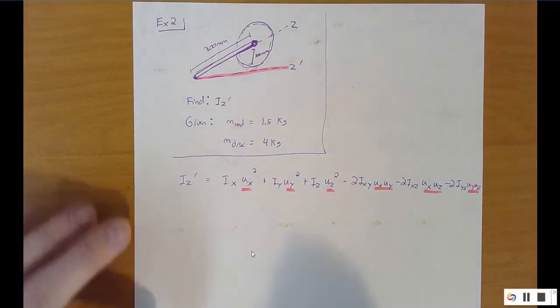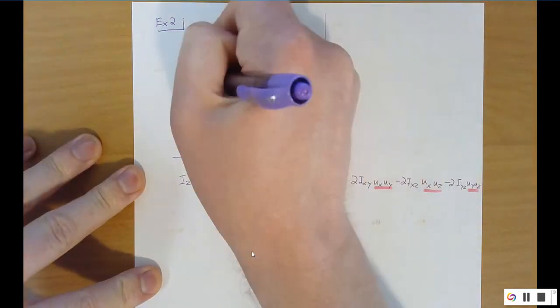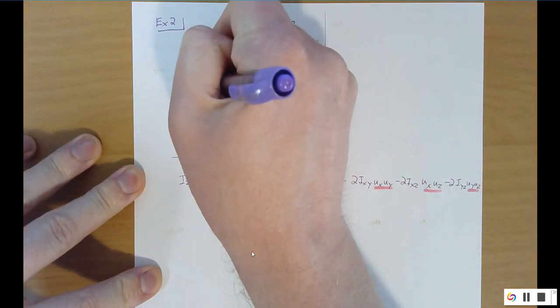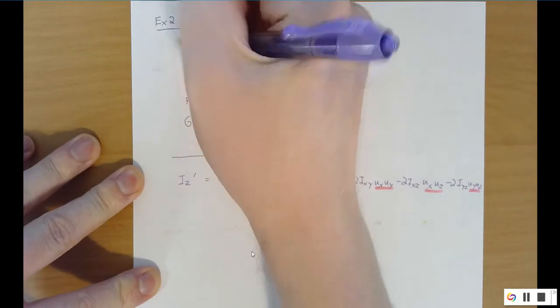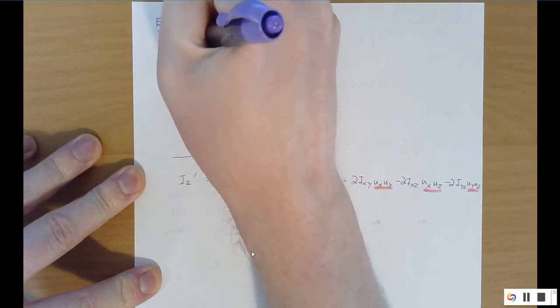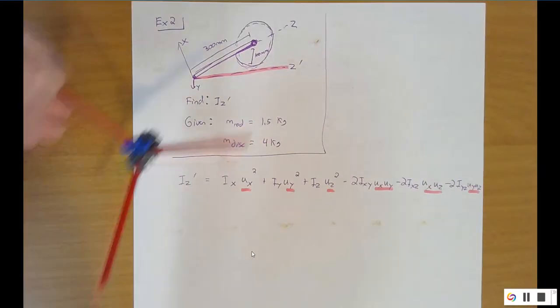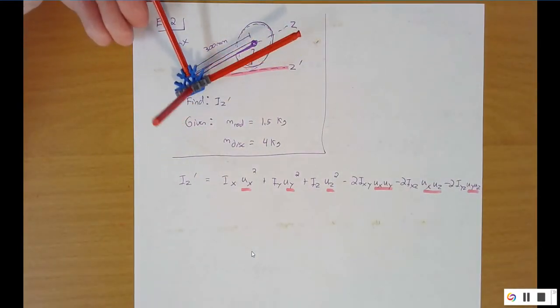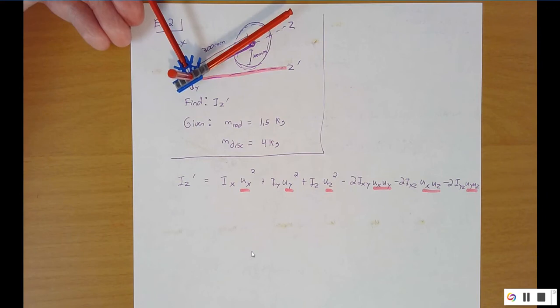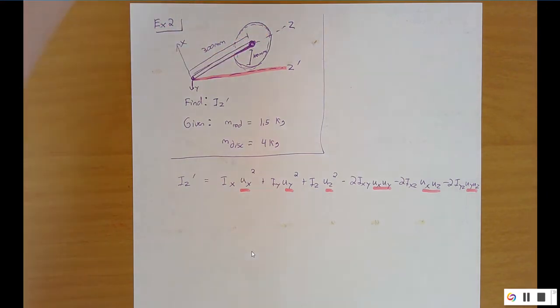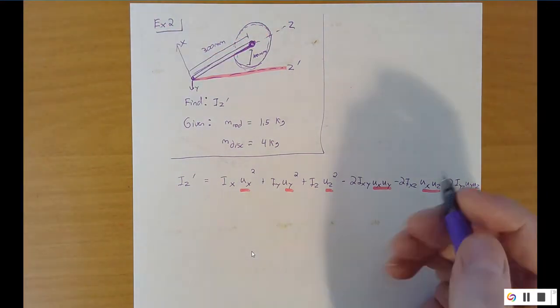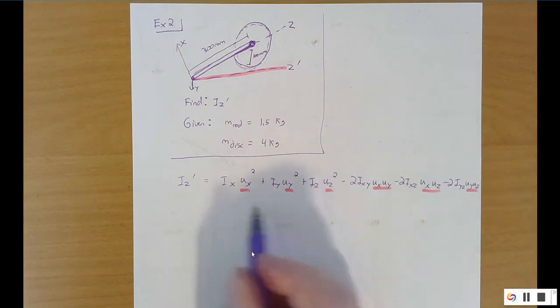So we have, basically, y coming out of the page, we have z that way, and then we'll have like an x axis this way. So if you think about the coordinate system, it's kind of like slanted like that. So what I need to do is find all of these parts.